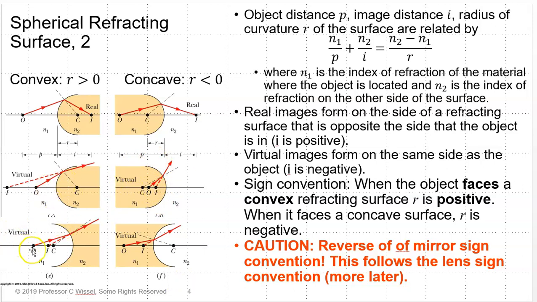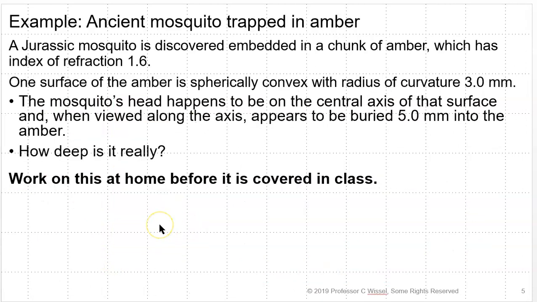Here is the object, and here is the image, and this is a virtual image, and it's facing a concave surface, so R is negative. Here's the object, here's the image. This is a virtual image, and n1 and n2, and it's facing a convex surface, so R is positive.